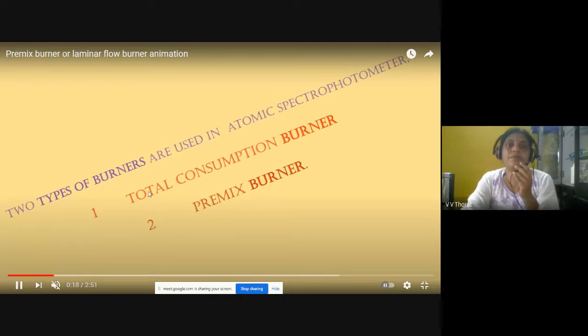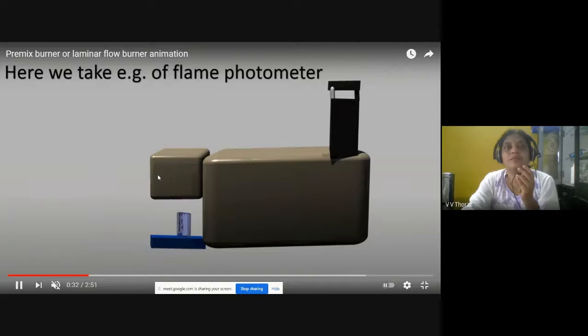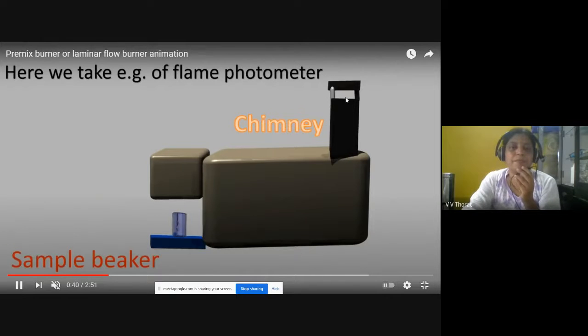Two types of burner are used: total consumption burner and premix. Total consumption we saw was the first burner. Next, this is how the design actually looks. Here we take an example of a flame photometer. This is the chimney from where we see the flame.